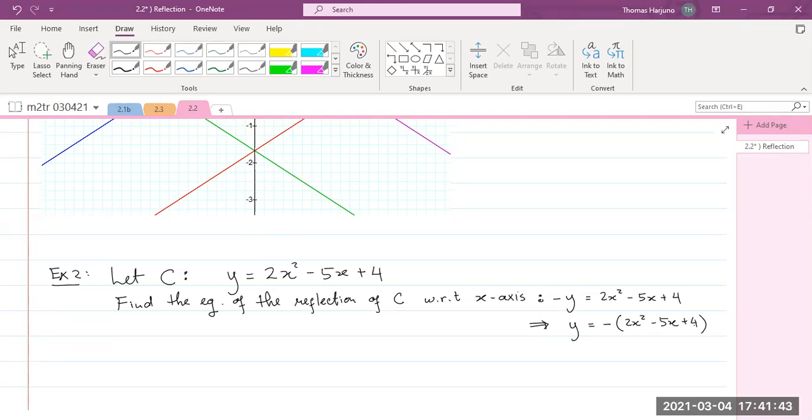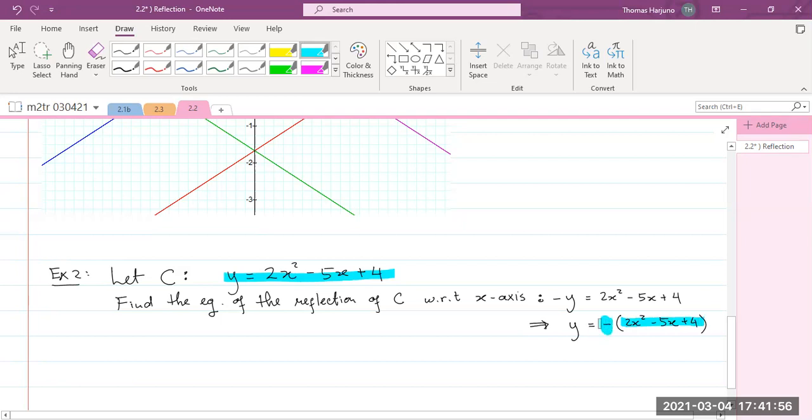Okay. In other words, what happened to this graph? What happened to this graph if you apply negative sign in front of it? If you apply negative sign in front of that, you basically have a parabola suddenly becomes upside down. You reflect that with respect to x-axis.